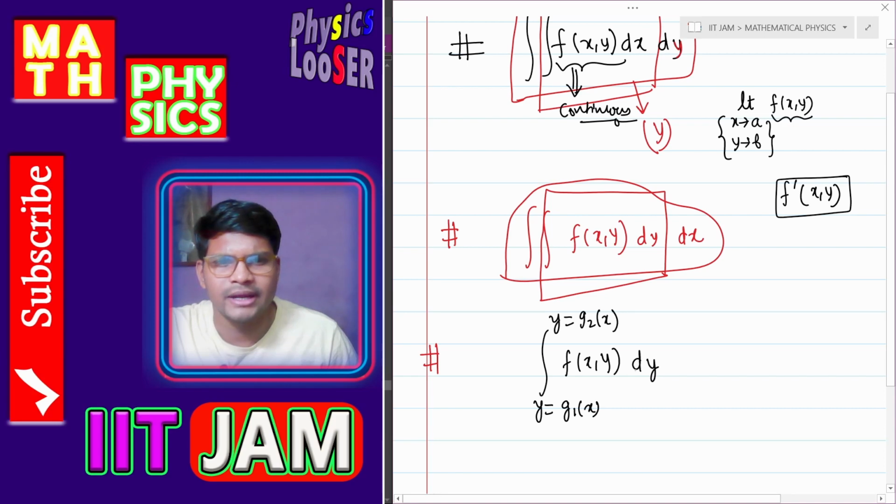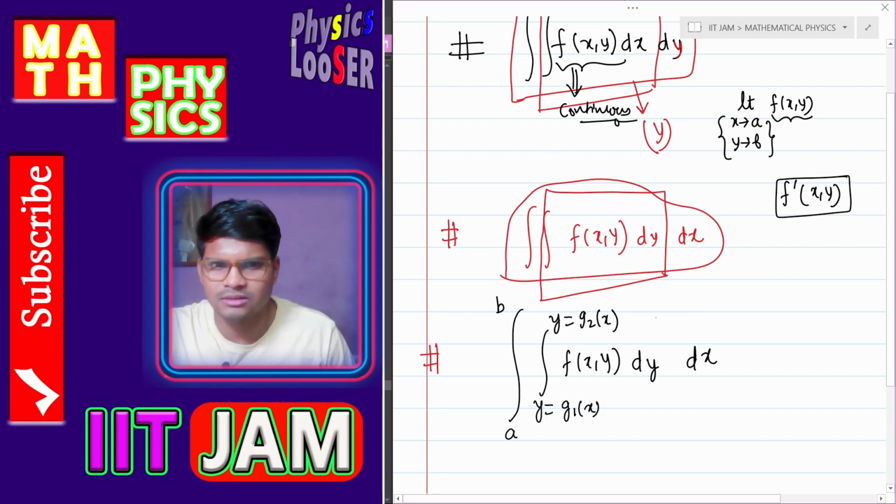Once you do the integral, with x constant, you put in these limits and evaluate, and everything becomes a function of x. Then you end up with an x integral with limits like a and b. Now this is very general, where we have considered y equal to g1 of x and y equal to g2 of x.